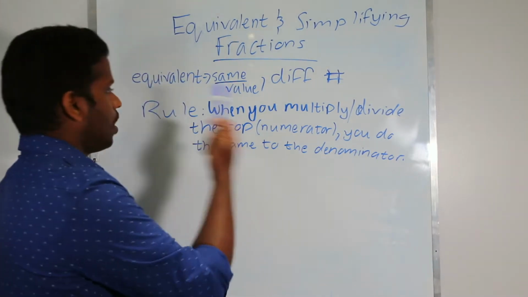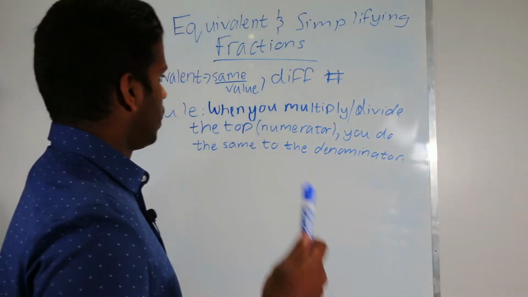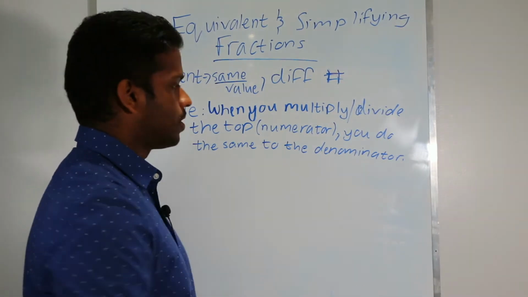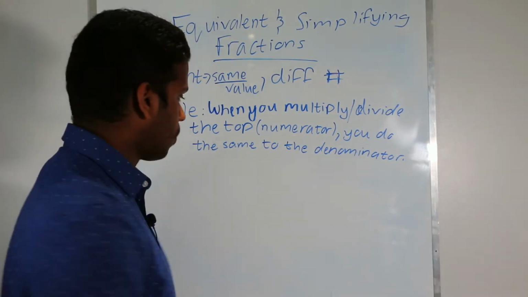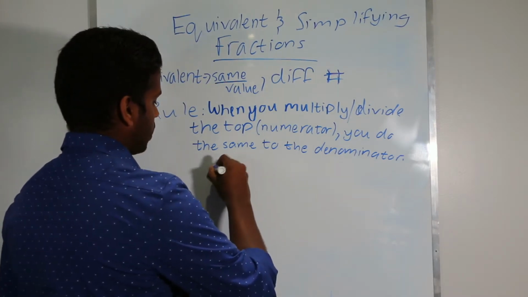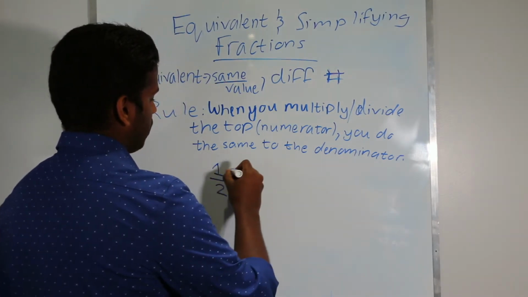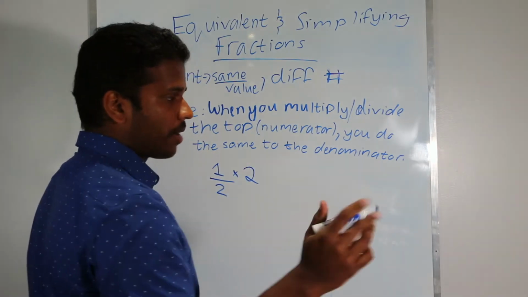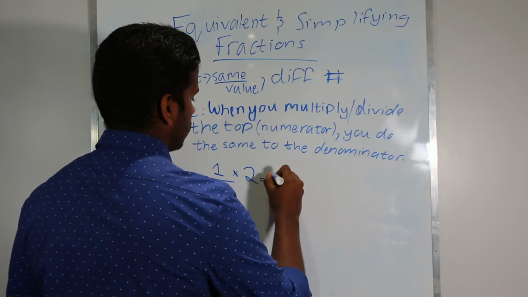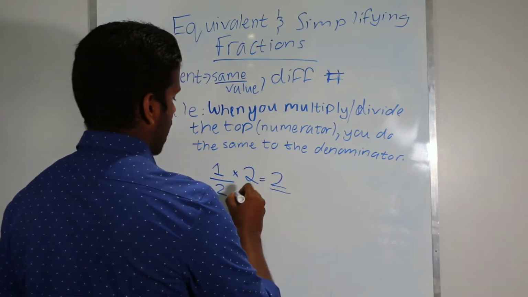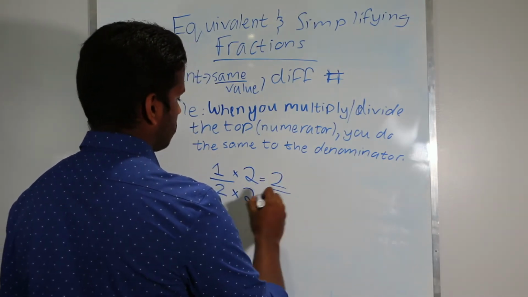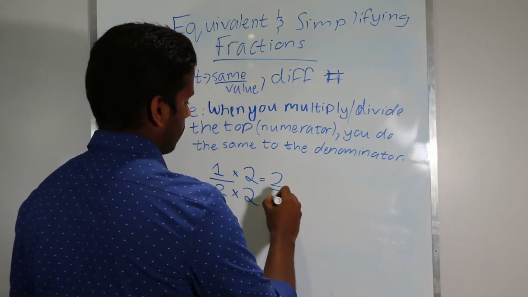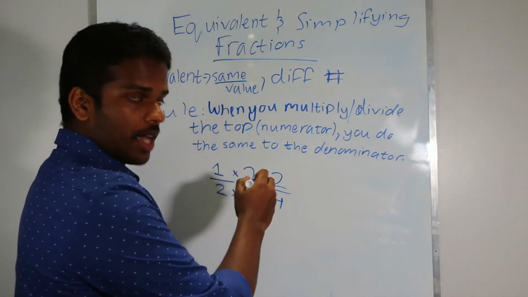So rule of thumb: when you multiply or divide the numerator of a fraction, you do the same to the denominator. If I multiply the numerator or even the denominator, it doesn't matter what order, I have to multiply the other by the same number. Whatever I do to the top, I have to do to the bottom.